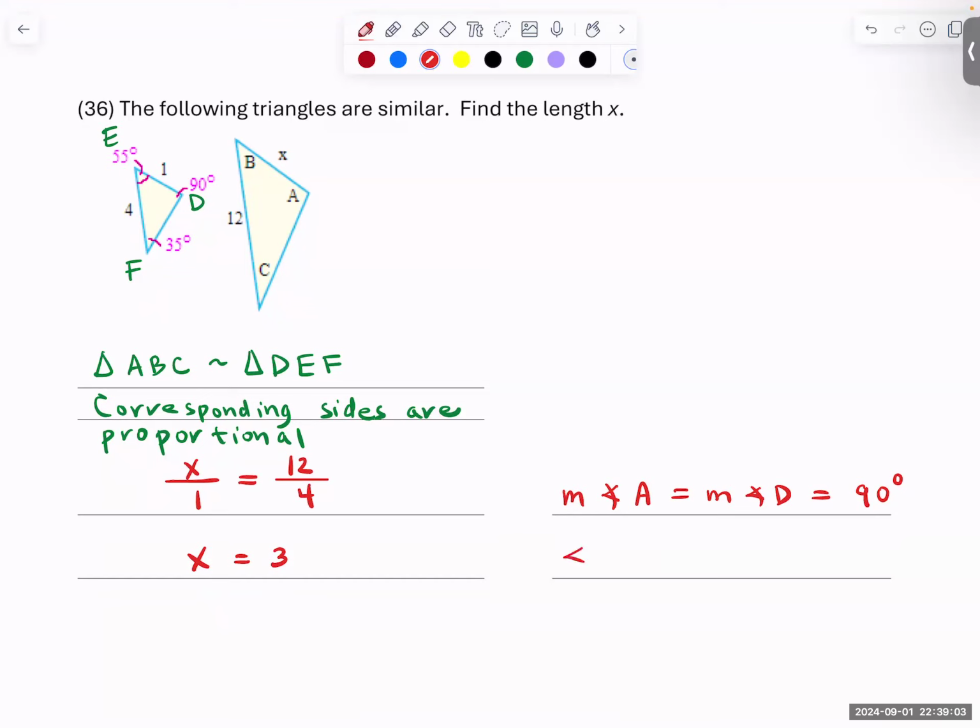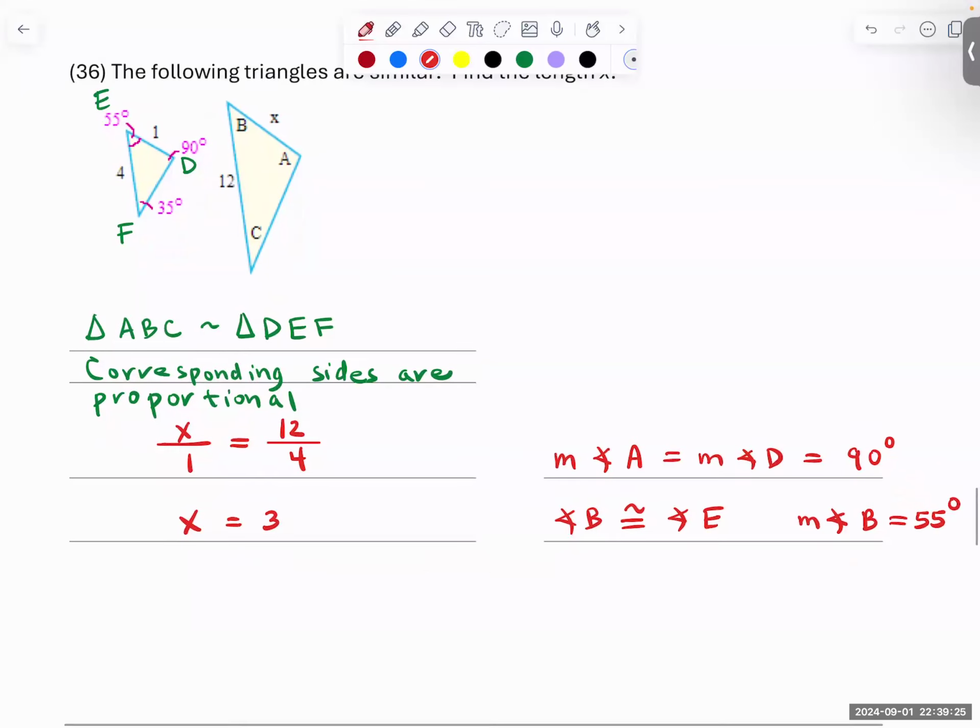Since angle B is congruent to angle E, they have equal measures. So measure of angle B equals 55 degrees. And lastly, since angle F is equal in measure to angle C, angle F, angle C have equal measures, so the measure of angle C is 35 degrees.